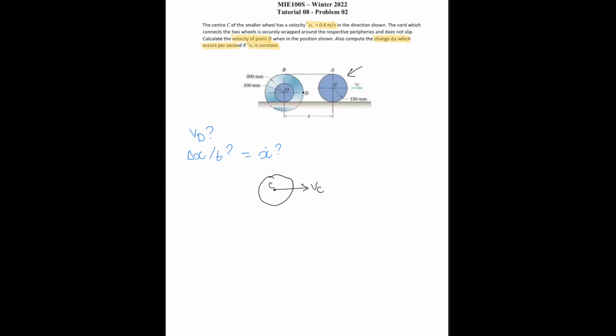Center of rotation has to be a fixed point. And because it's turning on the ground, this point over here at this instant is going to be 0, and therefore is going to be the center of rotation.